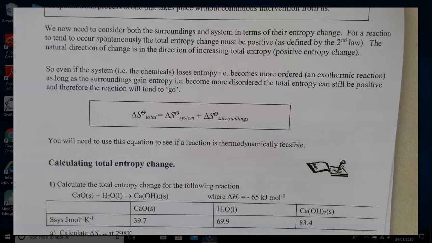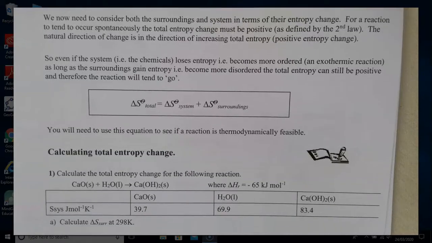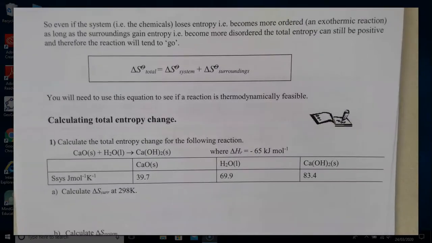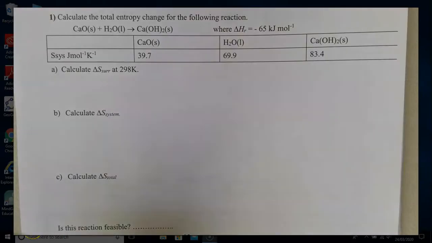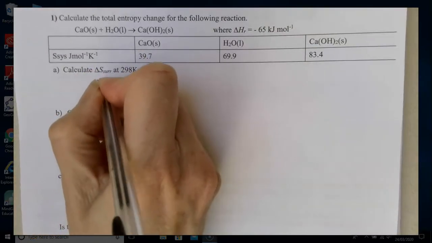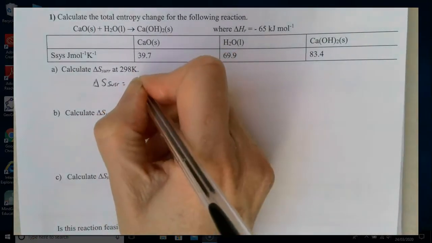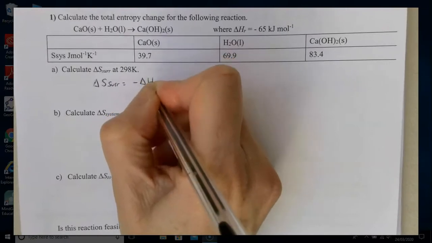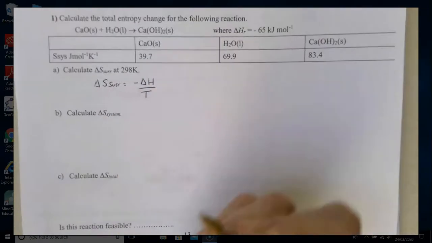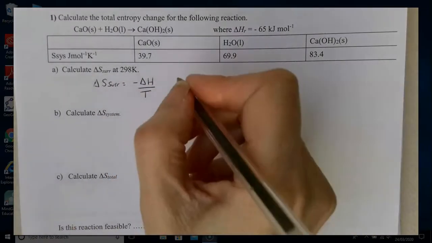So we're going to have a look at an example of this on this page. We want to calculate the total entropy change for the following reaction. We're asked to calculate basically delta S total, and we're given some information to do that. Okay, so delta S surroundings. If you remember the little formula, it's minus delta H over T. Okay, and I'm just going to put those numbers in.